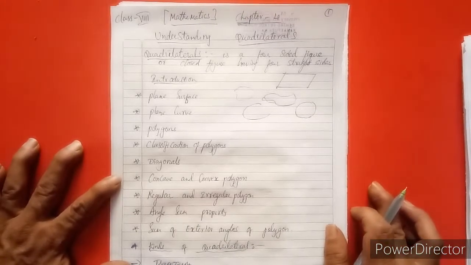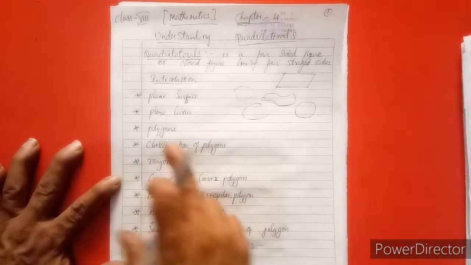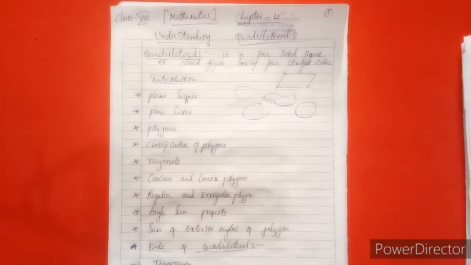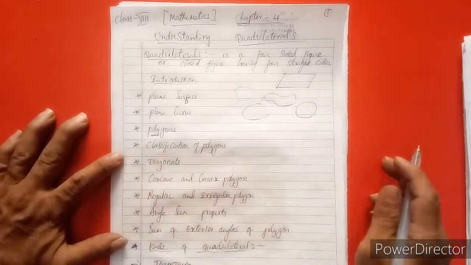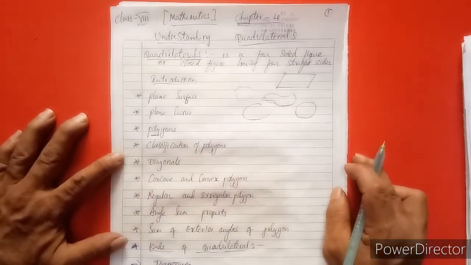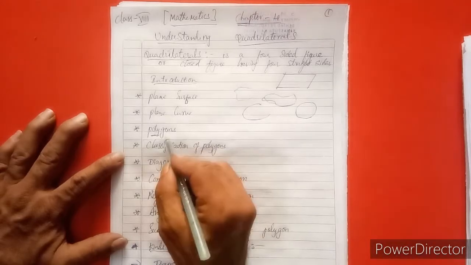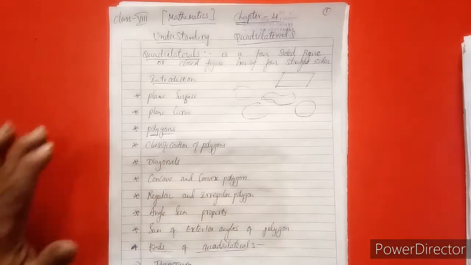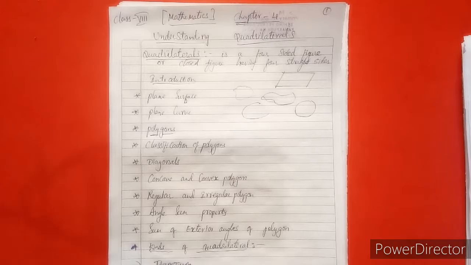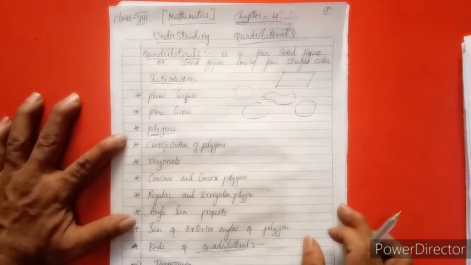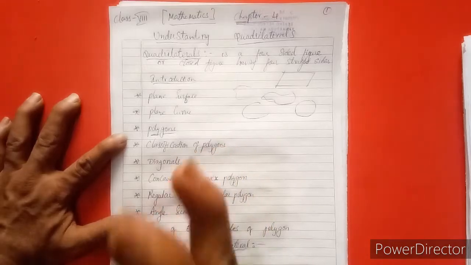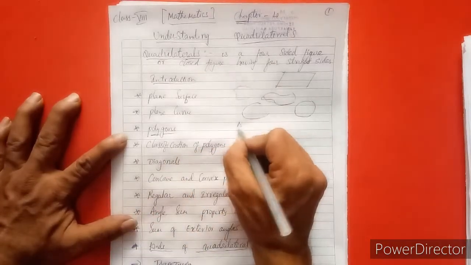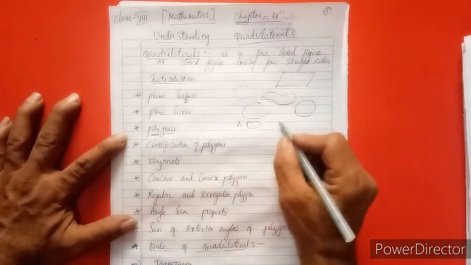That is a simple curve. The next point we will study is polygons. Poly means many or more. Gon means sides. So a polygon is a many-sided figure that has only straight lines: a three-sided figure, triangle, rectangle.